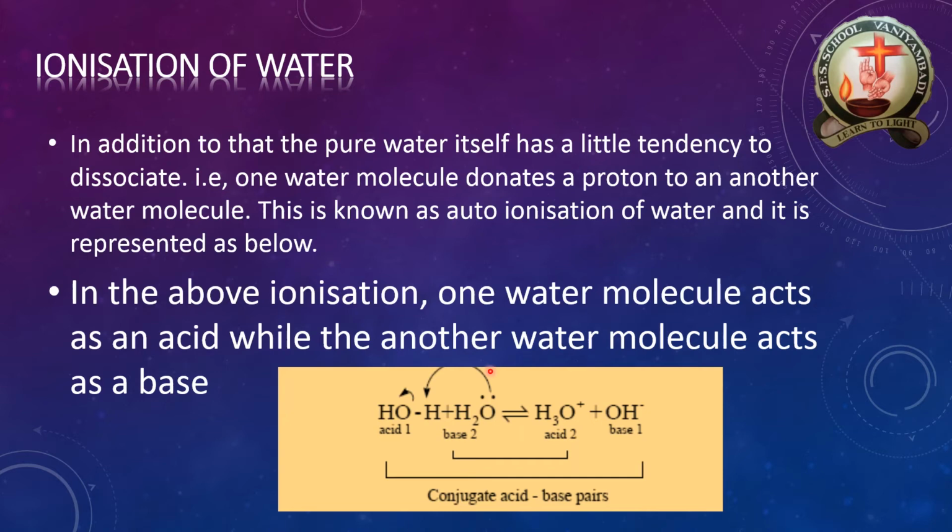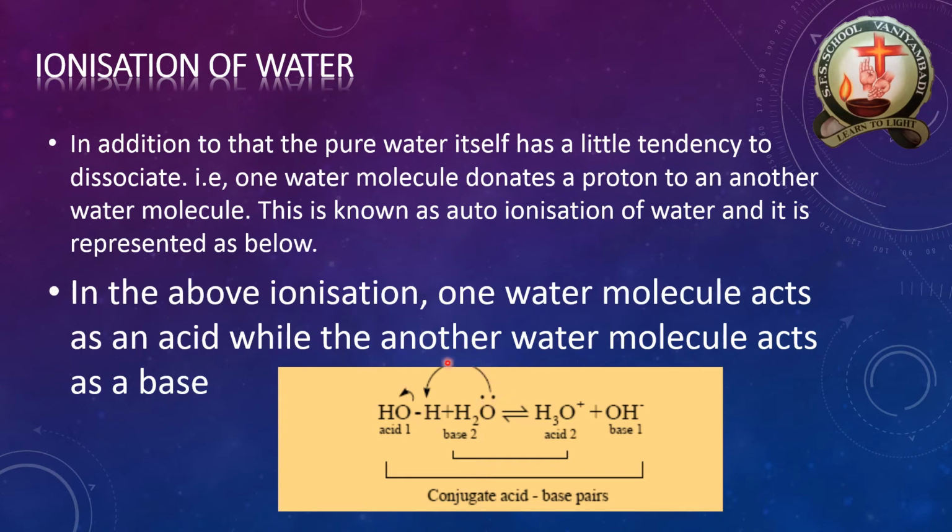See the conjugate acid-base pair reactions: acid 1, base 2. How the electron is donated from one side to another side, and one side is accepting. This oxygen has the ability to donate electrons to the other hydrogen.